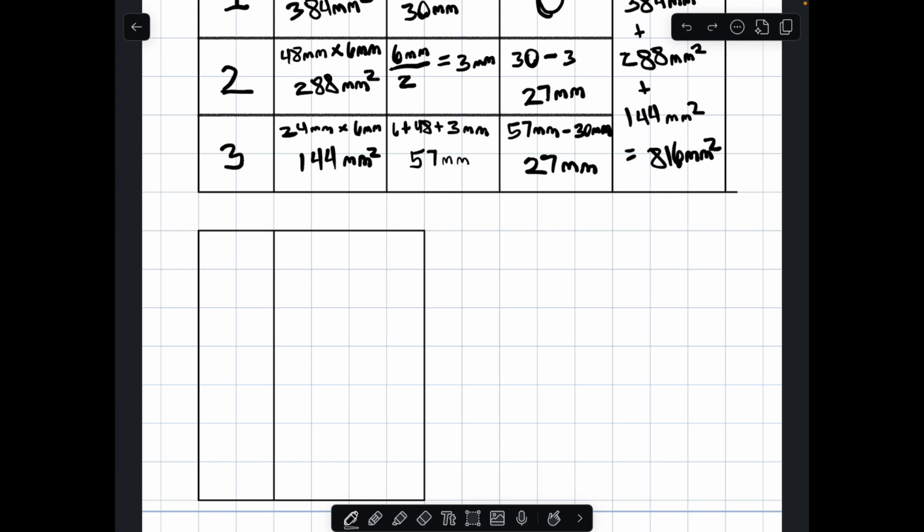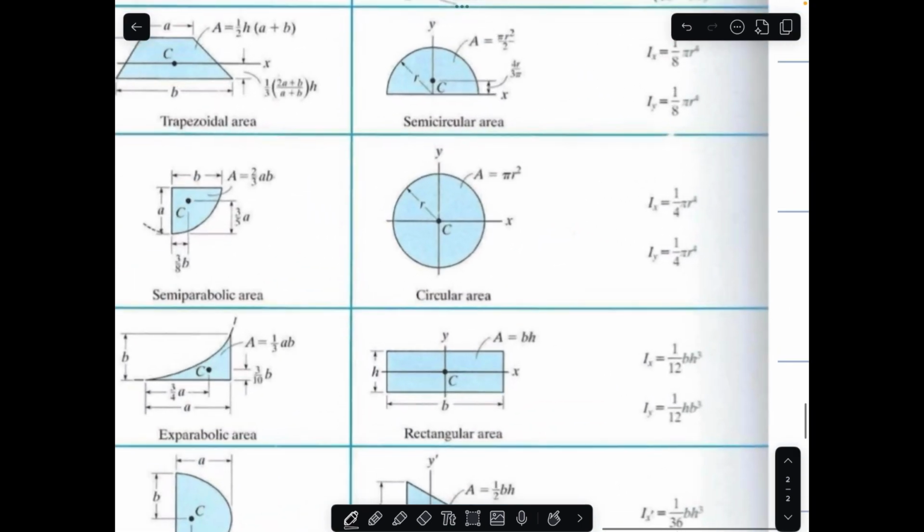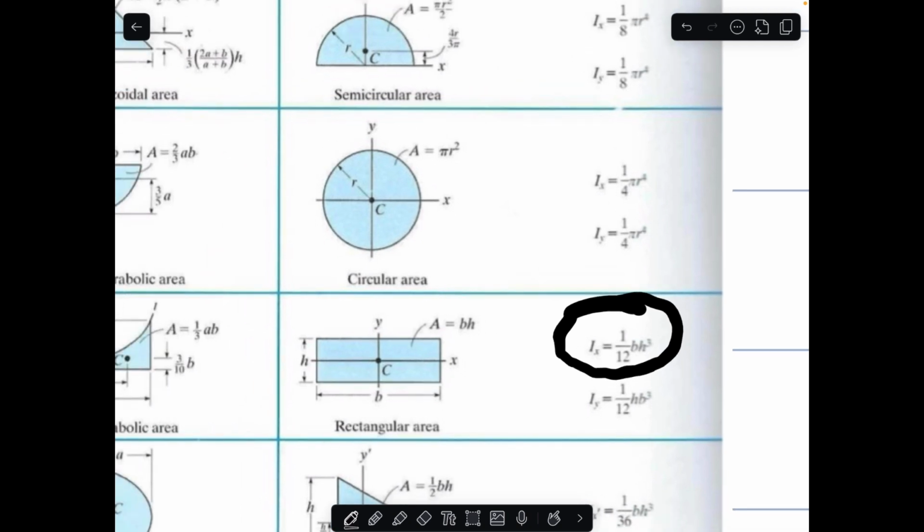So shape 1, 2, 3, and then our inertia for that single shape. I'm going to use this chart here, and because they're all rectangles and I am trying to find the inertia about the x-axis, I'm going to use this equation, which is 1/12 of the base times the height cubed.